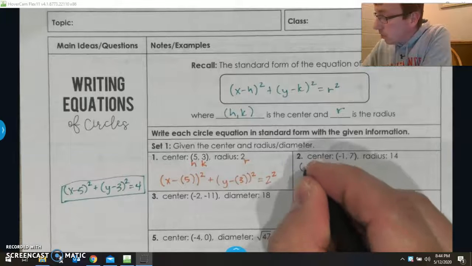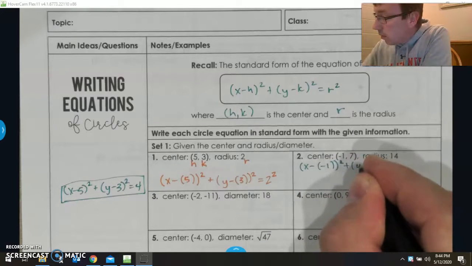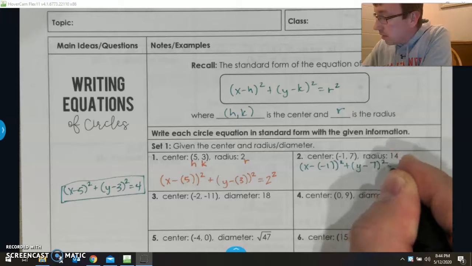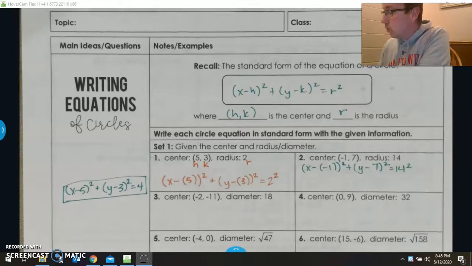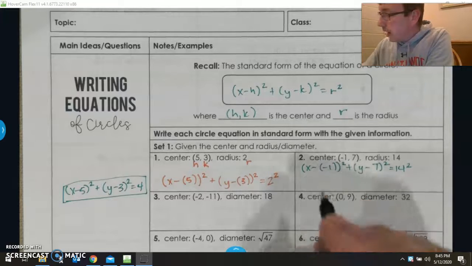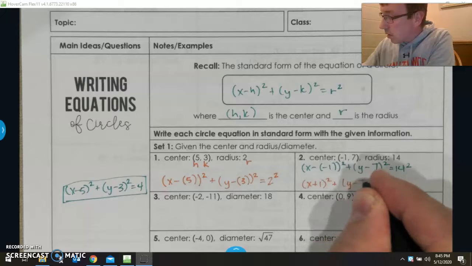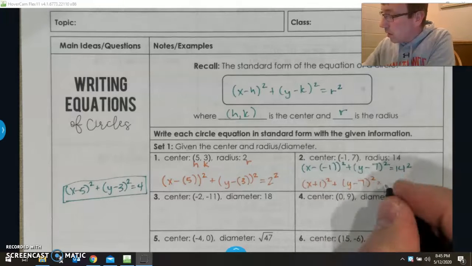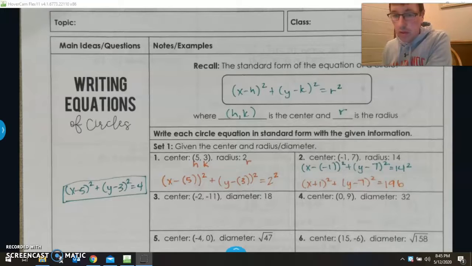So my equation will be (x minus -1) squared plus (y minus 7) squared equals 14 squared. The negative turns into a positive. 14 squared is going to be 196, and that's what we're looking at there.